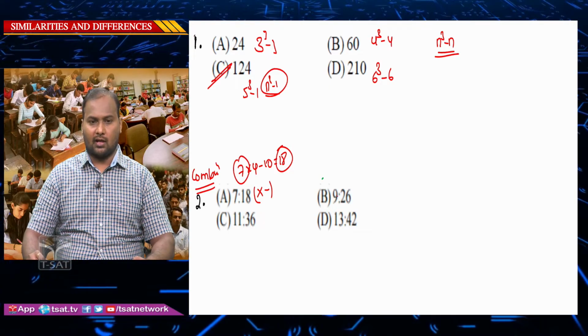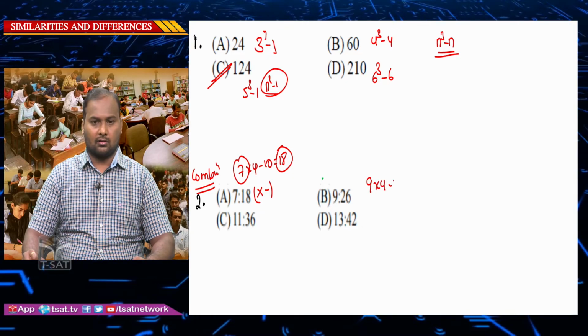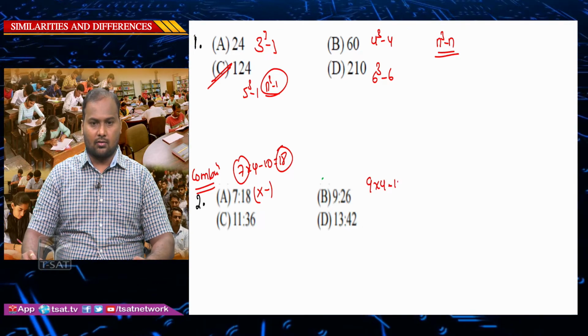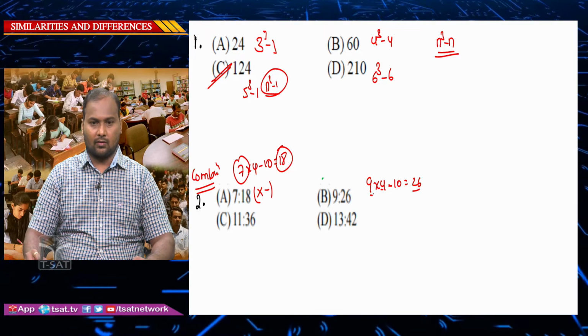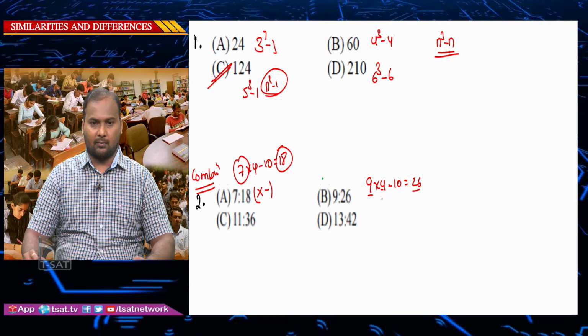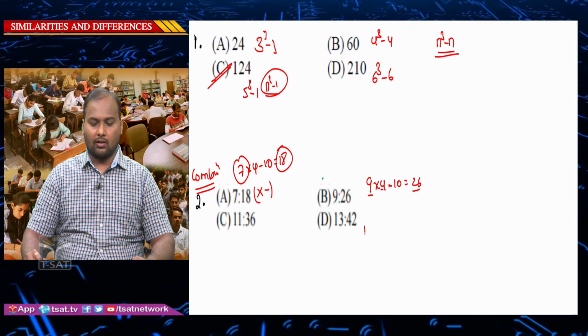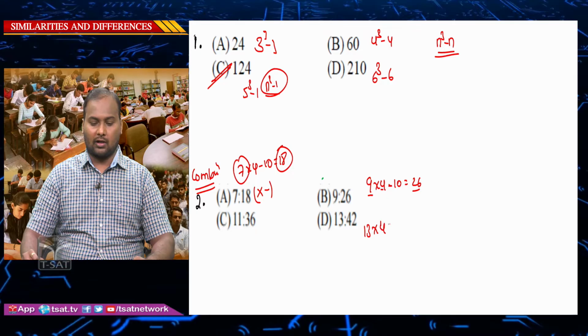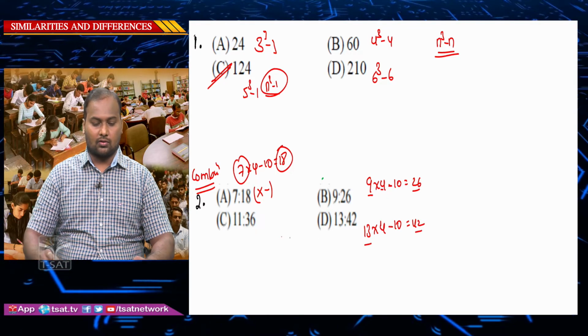In the same way you see 9 and 26. I can write 9 four times is 36 minus 10. Then we are going to get 26. Here also the combination is multiplication and subtraction. In the same way, here also 13 four times minus 10 is equal to 42. So what is the answer?